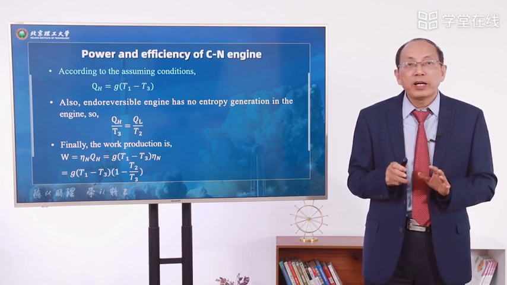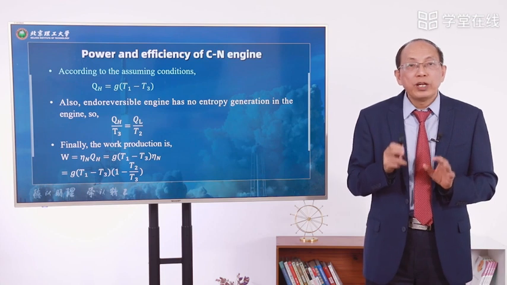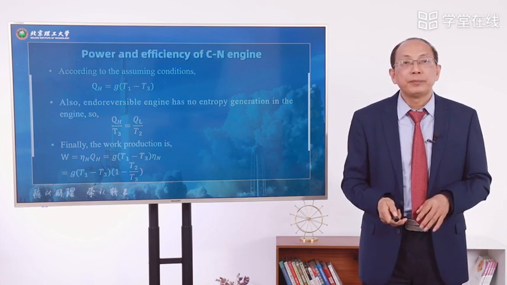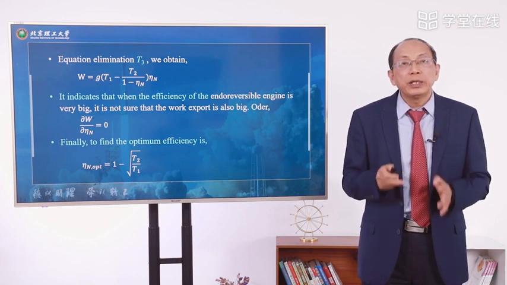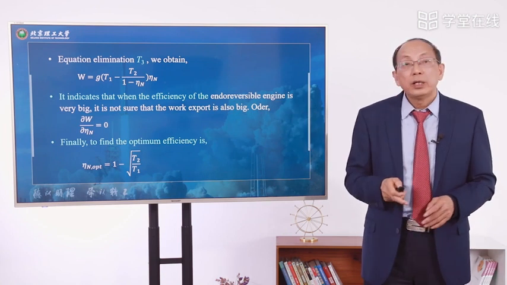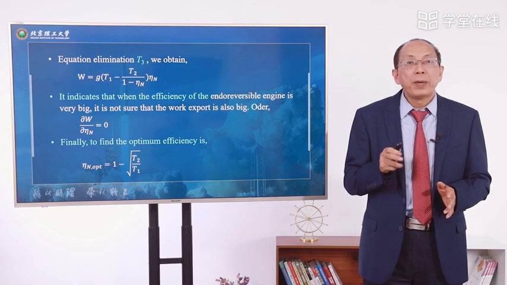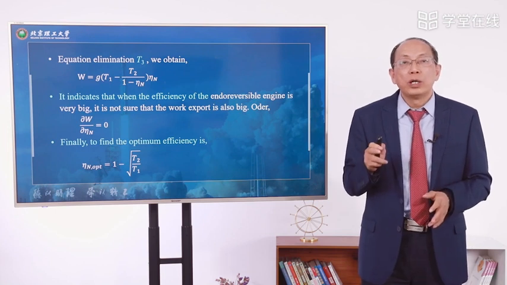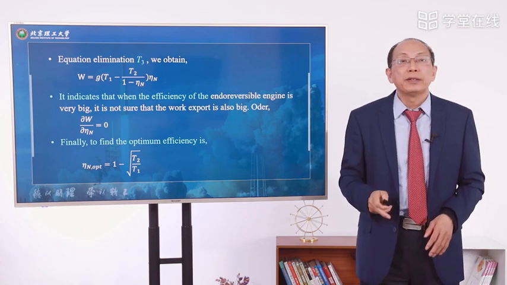From here, we can see this work has a relationship with T3. Also, we can eliminate T3. We obtain W equals G times (T1 minus T2) over (1 minus eta N) times eta N.